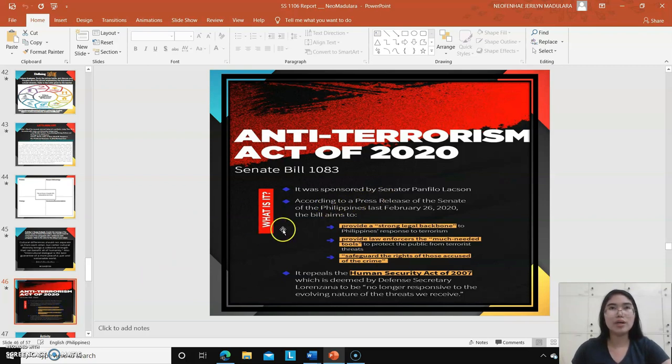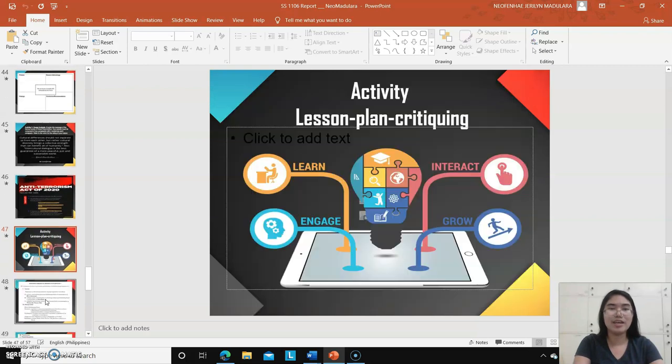We could have also in the affective domain, they could write an essay about the importance of implementing this act. Or you could have a debate. Evaluate if this law is good or bad to the society, to the country.